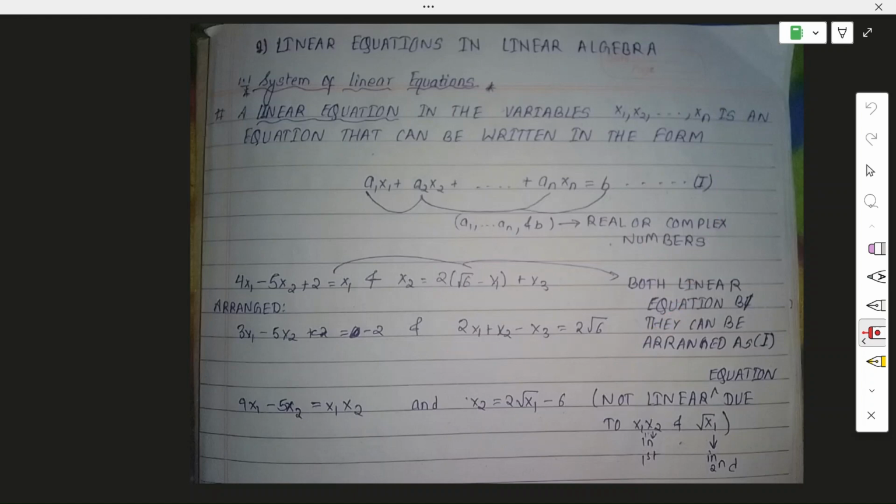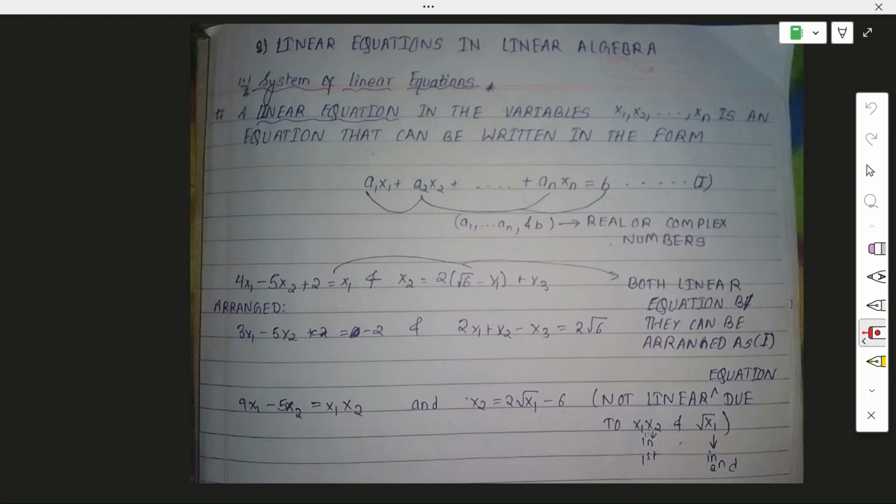Now you'll be asking, what is not a linear equation? Can you give an example? Yes, we'll discuss it in this set. 4x1 minus 5x2 equals x1 x2. Does it correlate with the definition of a linear equation?